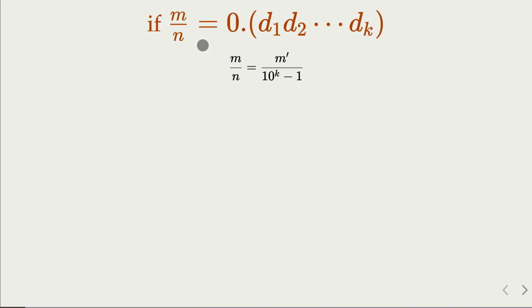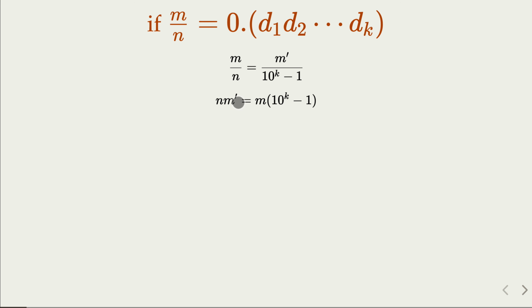From the analysis in the previous video, we know that this pure recurring decimal is equivalent to some fraction where the denominator is a bunch of 9s, and there's some integer m prime, the integer whose digits are just d1, d2, through dk. We know this from the earlier lecture.